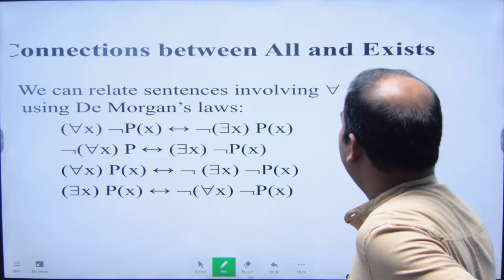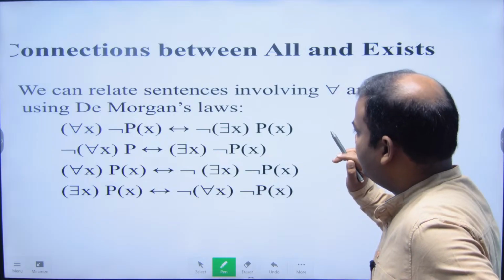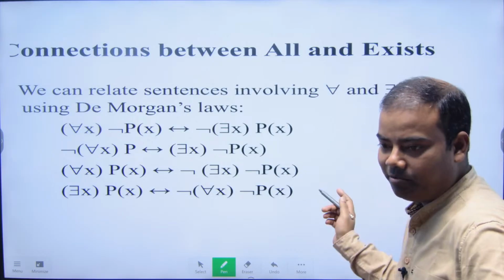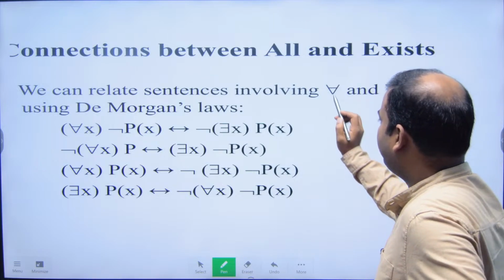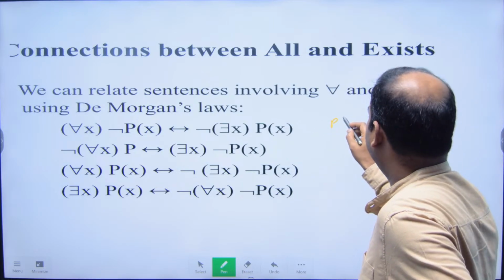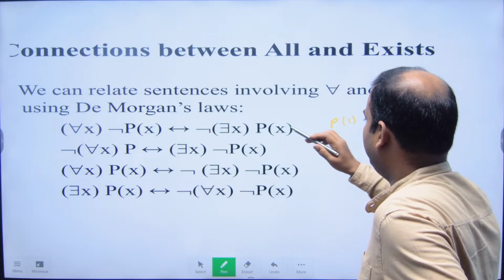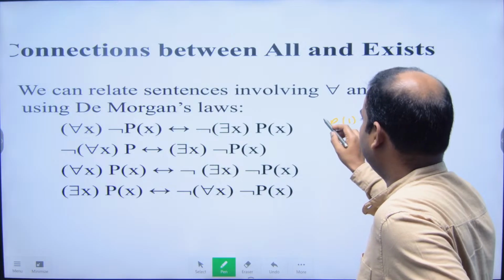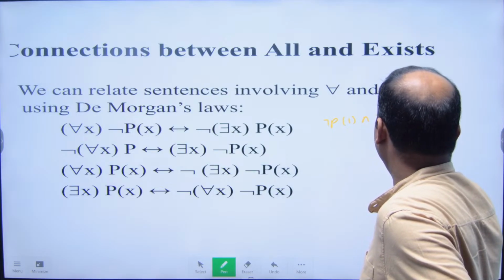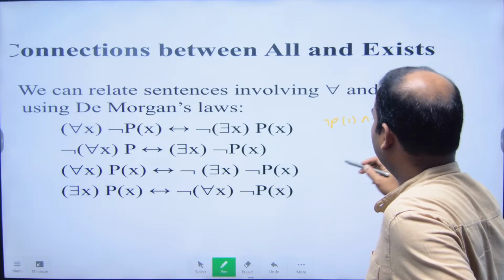Now this also we have seen yesterday. Actually this is De Morgan's law. If we have for all x P(x), it is something like this: P1 and P2 and P3.